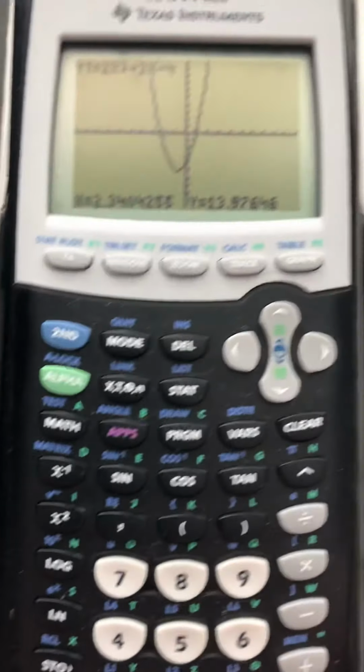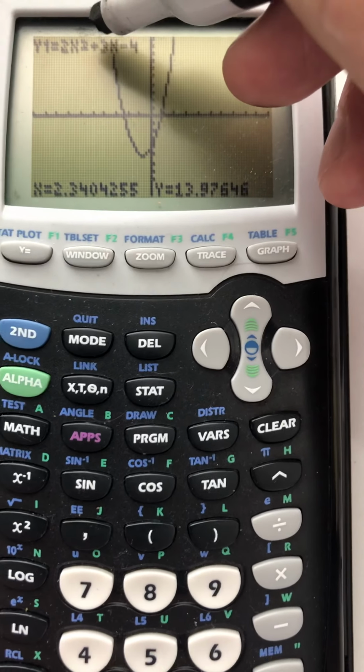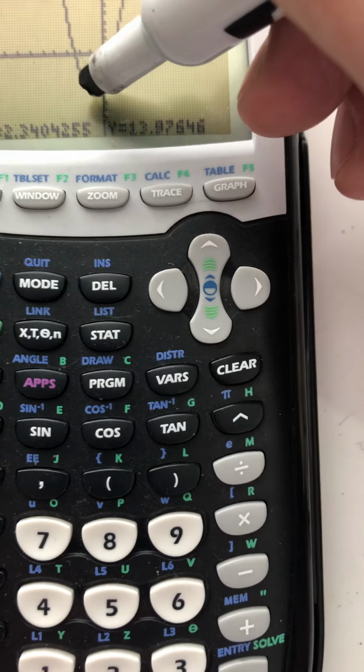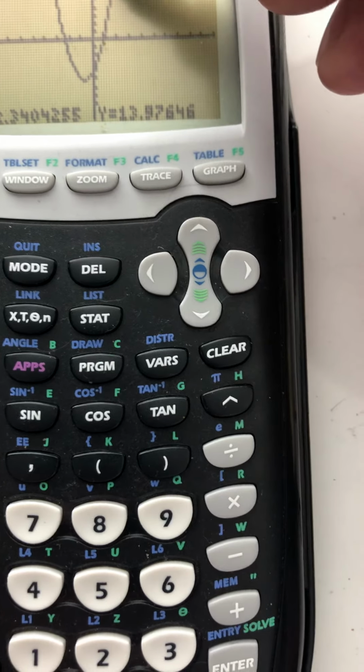Let's take a look one more time at the graph. Notice from negative infinity all the way to negative 0.75, that's decreasing, and from negative 0.75 all the way to positive infinity, it is increasing.